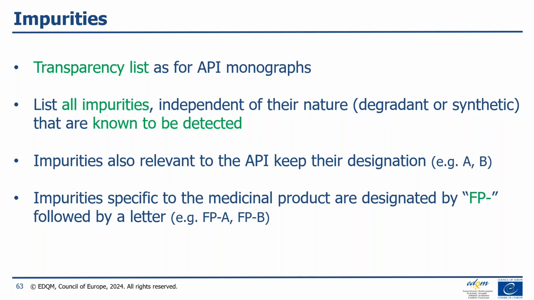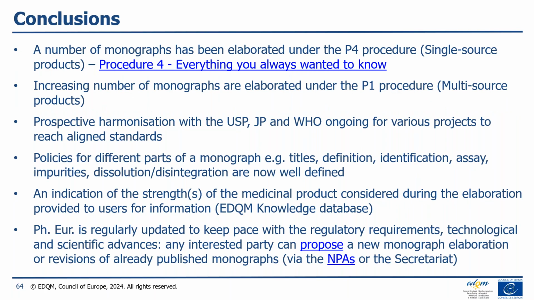So at the end, to conclude, as you could see, a number of monographs have already been elaborated under the P4 procedure, and there is an increasing number of the P1 procedure being used for the elaboration of medicinal product monographs as well.